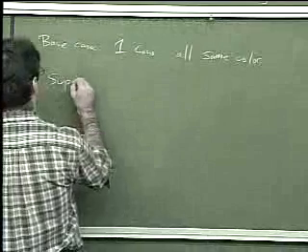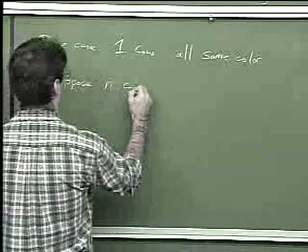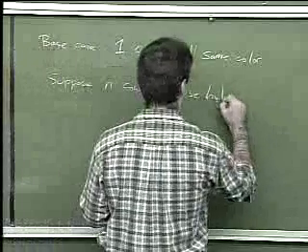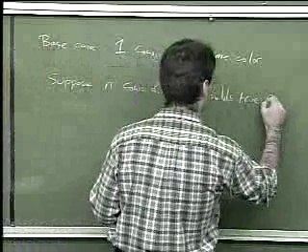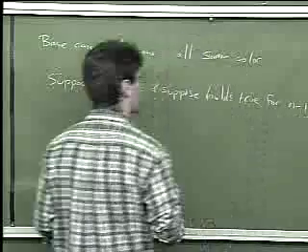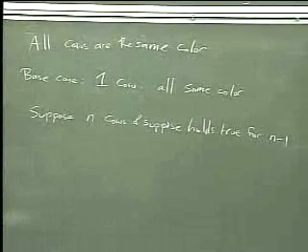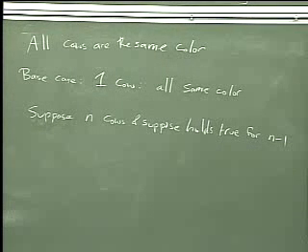And now my inductive step. Suppose I have n cows, and suppose it holds true for n minus 1. So I'm assuming that whenever I have n minus 1 cows, they're all the same color. So now I've got n cows. I remove 1 cow. I've got n minus 1 cows.